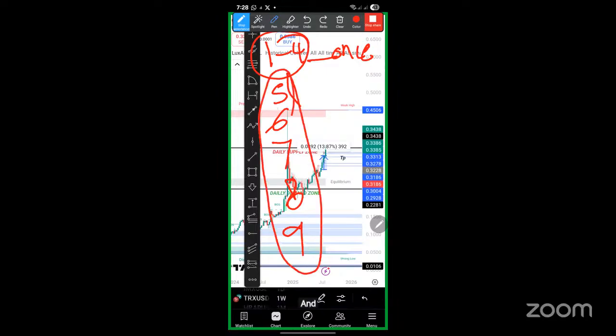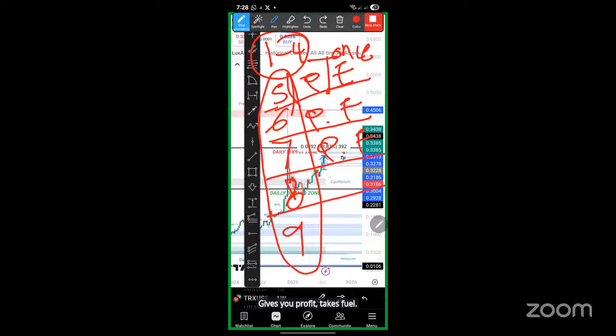Whenever it sells, it will give you profit and at the same time take its fuel. It sells this one, gives you profit, takes fuel. Simple. Have you seen the logic there?